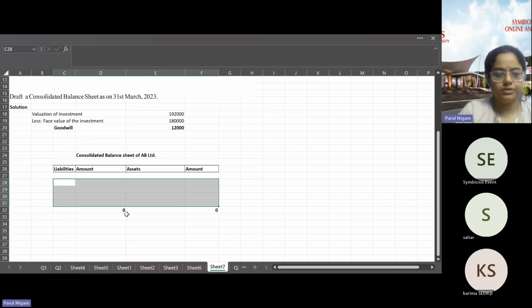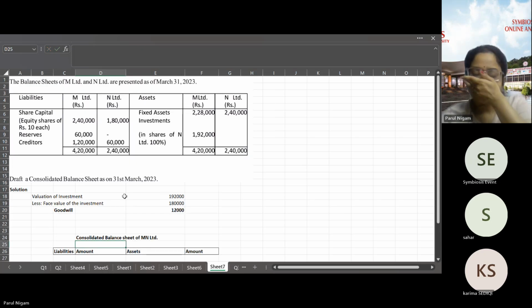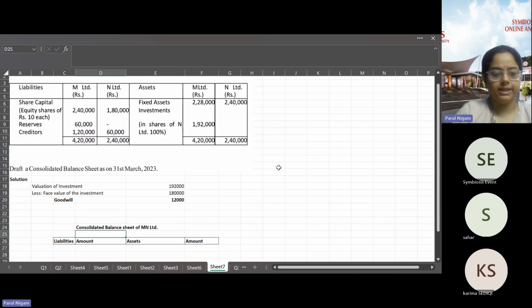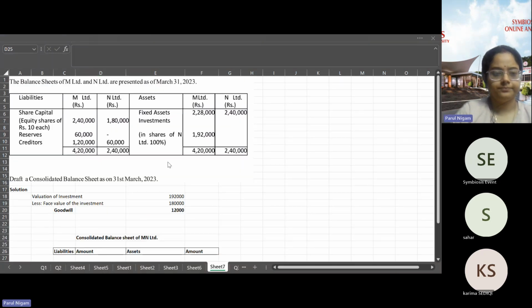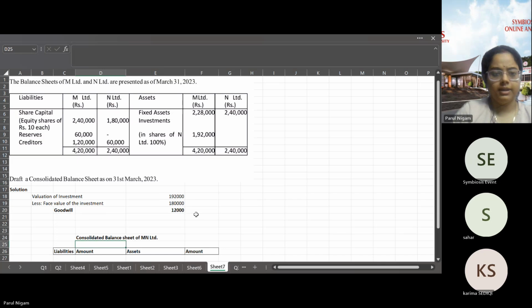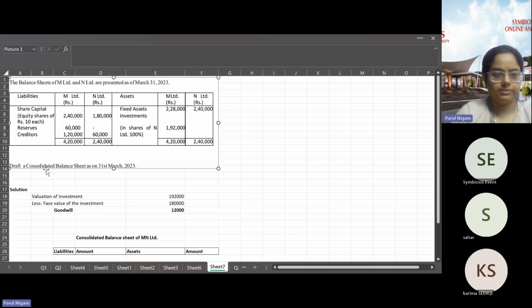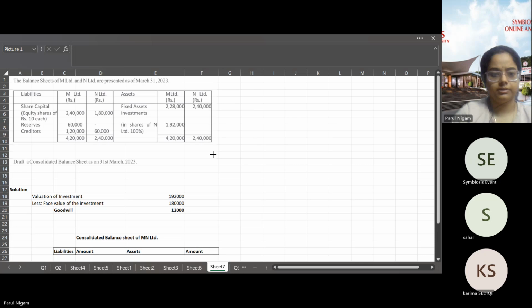So consolidated balance sheet of MN Limited. Fine. Assets. Let's write. To reduce the font, because you're not able to see the question properly.